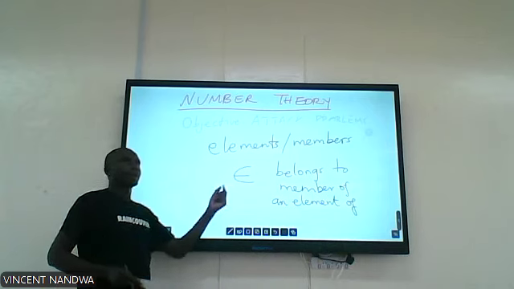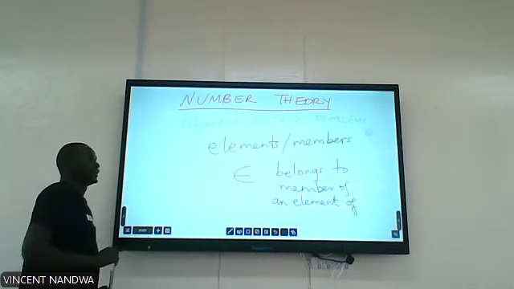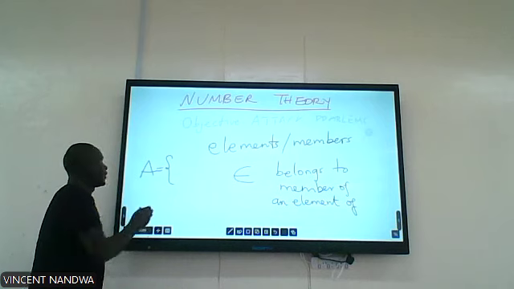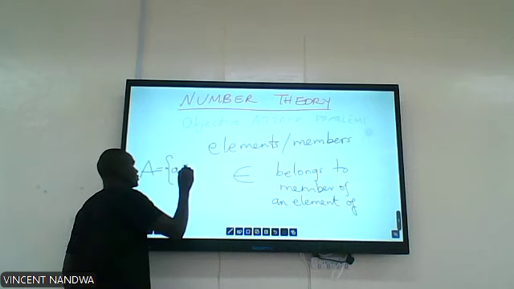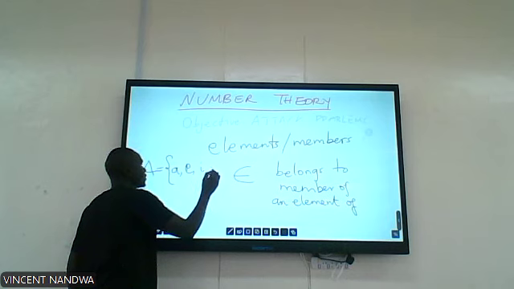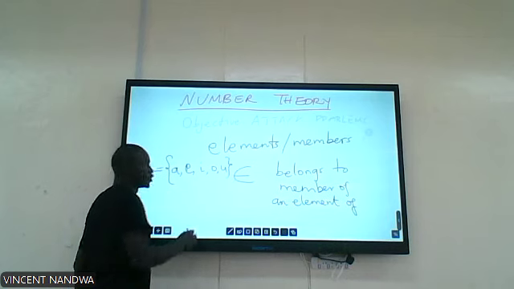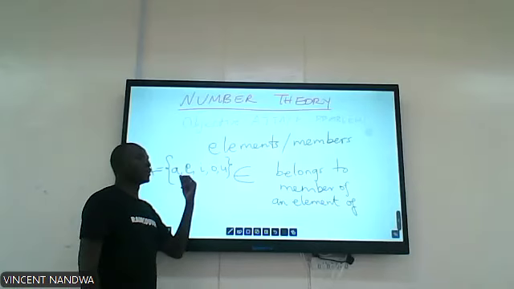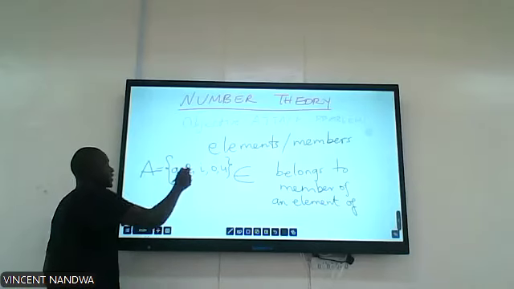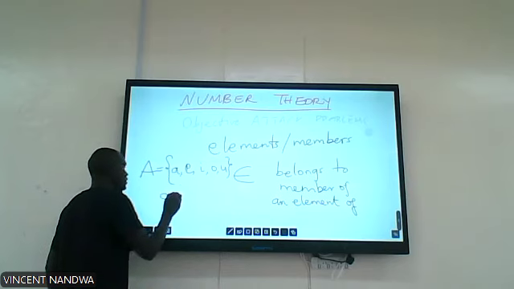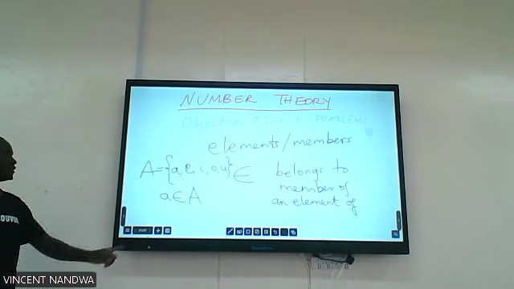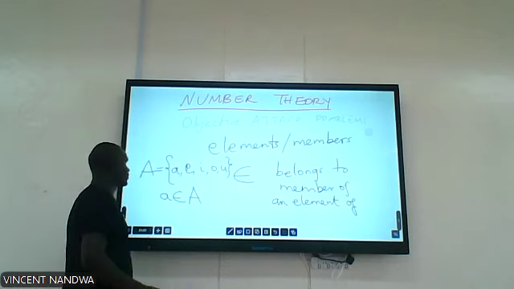This is the belongingness sign. We can write, for example, A. Customarily, we use capital letters for sets and small letters to write the elements. So if this is set A, then I can write this to mean that a is an element in set A.